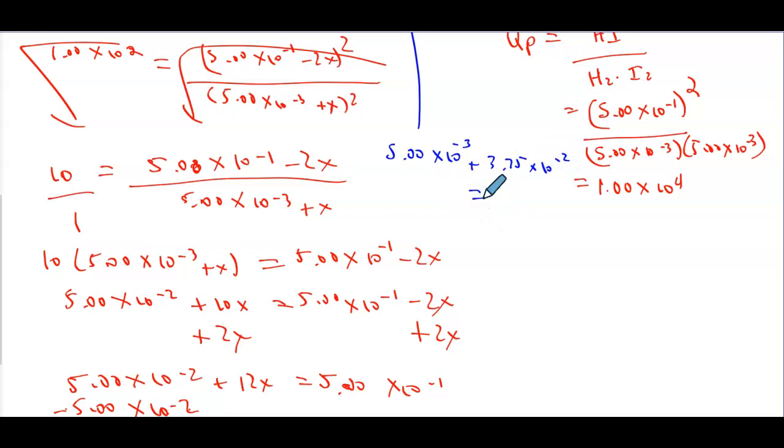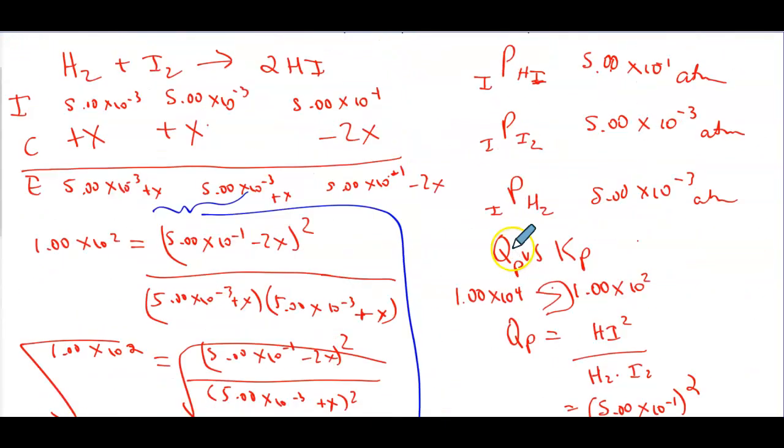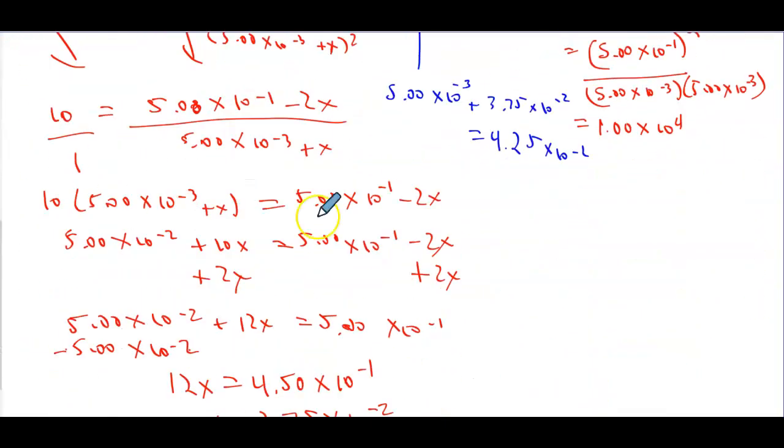So that's going to be 4.25 times 10 to the negative second, and that will be for, if I remember, H2 and I2.